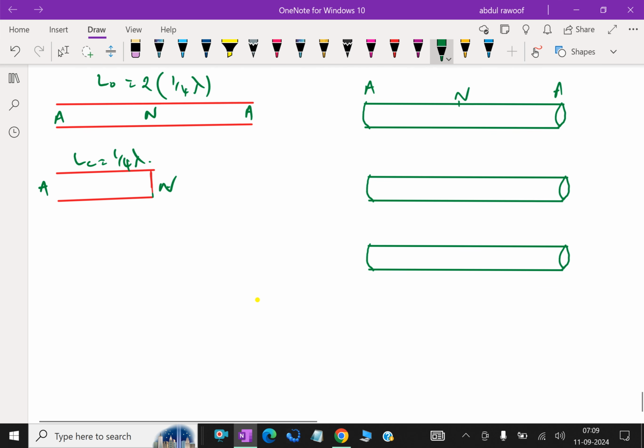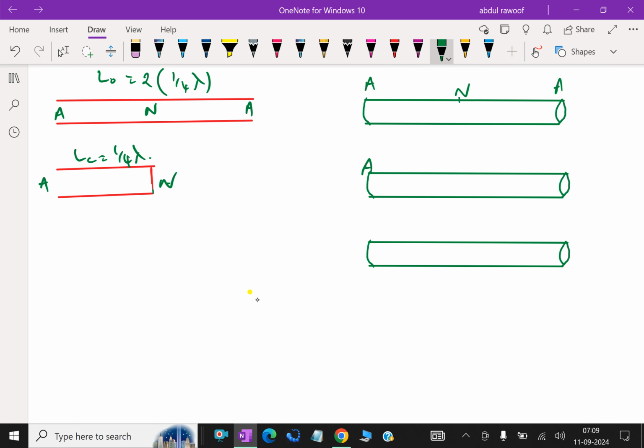Here 3 antinodes, in between nodes. And third, there are 4 antinodes, in between nodes.